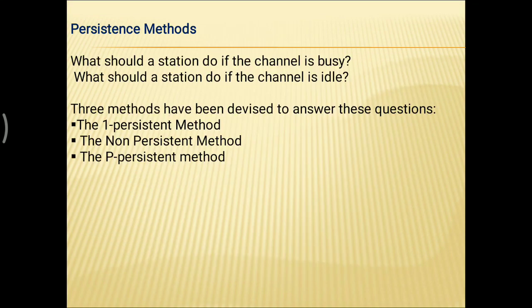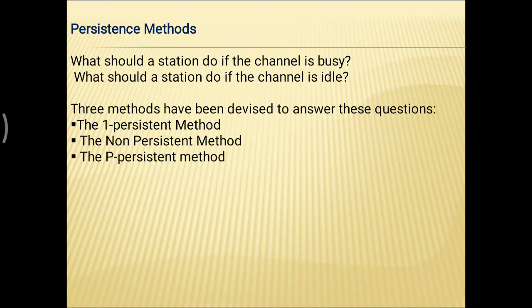Now, let us see what persistence is. Persistence means, before sending data from any station or node in the network, what should a station do if the channel is busy? What should a station do if the channel is idle for transmitting whatever information it has?